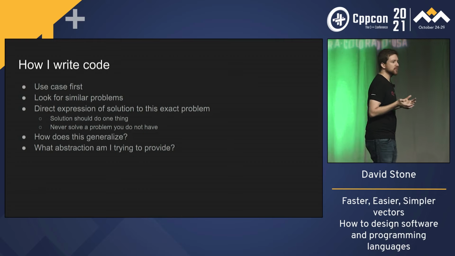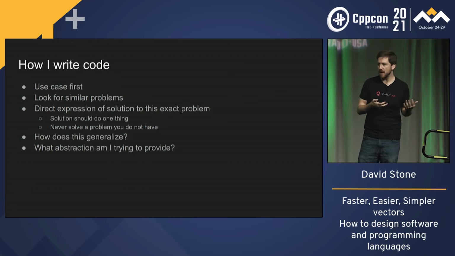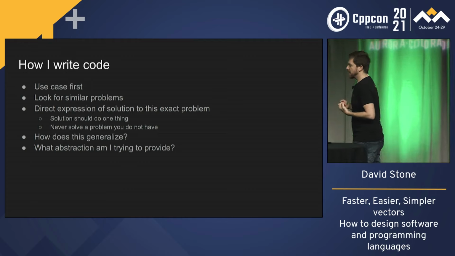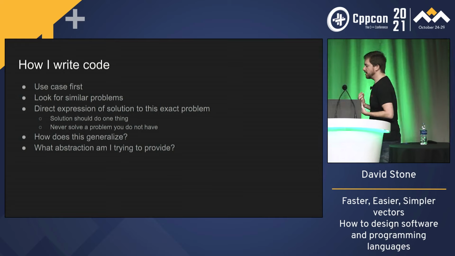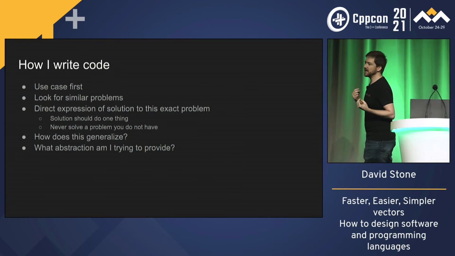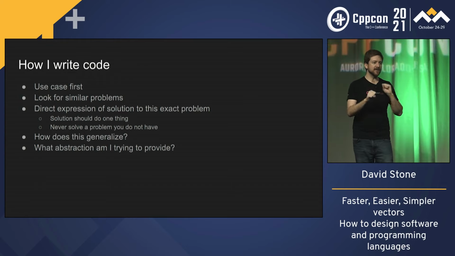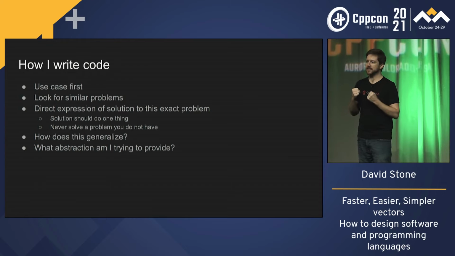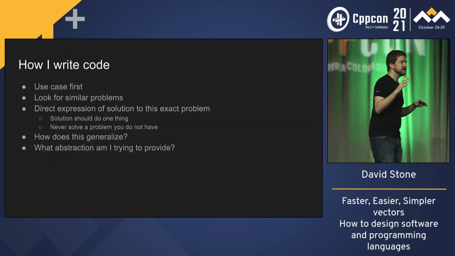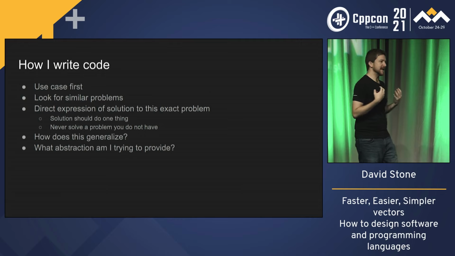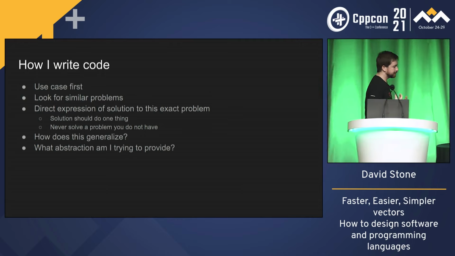I wanted it to look pretty much like what the standard vector looked like, because I knew that was at least reasonably well optimized, probably really well optimized. That showed a whole bunch of examples where I had some code that wasn't actually doing enough. I kept pulling pieces out of the code until I got down to just the bare essentials of what the higher-level algorithm is trying to do, pulling out all the abstraction in between until I see, oh, when I remove this check, the code optimizes better, and I didn't need that check. So what can I do to optimize that a little better?